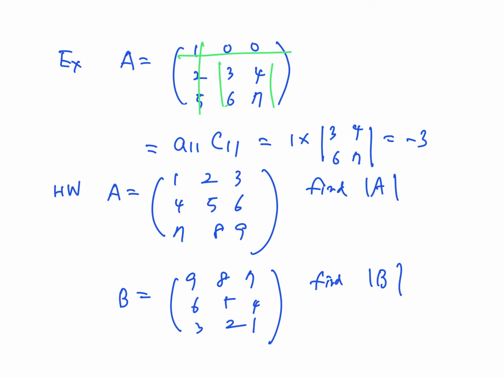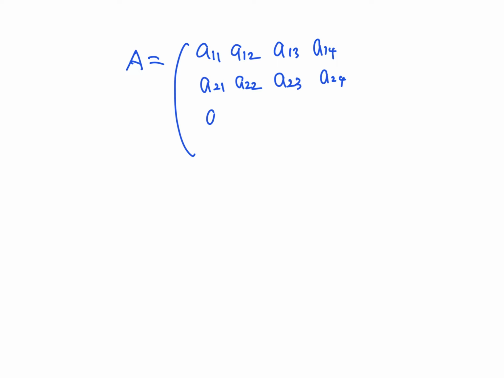If you have a bigger matrix, larger than 3 by 3, say A11, A12, A13, A14, A21, A22, A23, A24, A31, A32, A33, A34, A41, A42, A43, A44, in that case you can use two methods.